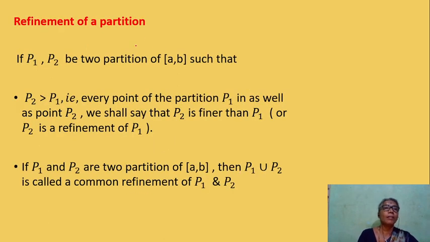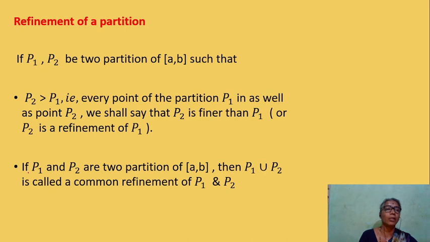We will see what is the refinement of a partition. If P1 and P2 are partitions of the interval [a, b] such that every point of the partition P1 is also a point of P2, we shall say that P2 is finer than P1, or that P2 is a refinement of P1, written P2 greater than P1.